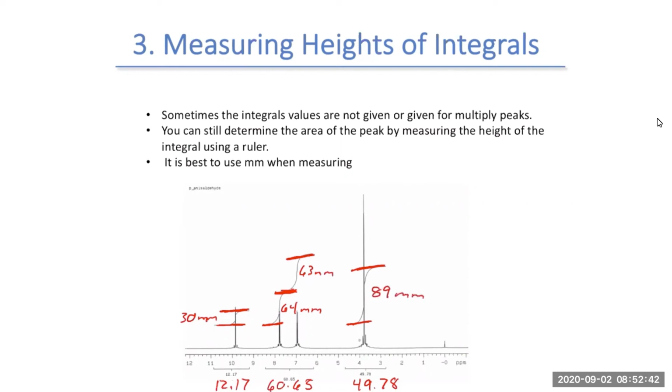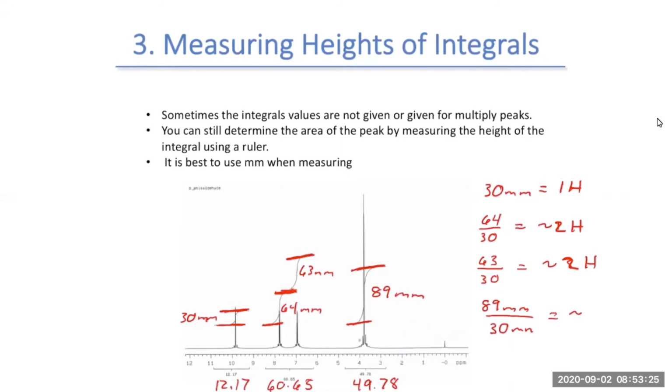So if we have something like this, we'll take the smallest height, set that equal to 1. So that means 30 millimeters equals 1 hydrogen. Then if I take my 64 and I divide it by that 30, that gives me approximately 2 hydrogens. Same thing with that 63 divided by the smallest one, that equals approximately 2 hydrogens again. And then finally, we'll take that 89 and divide it by the 30.